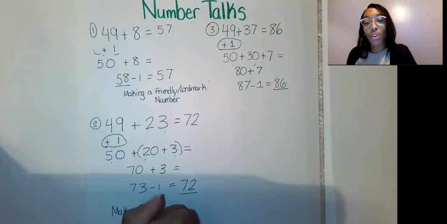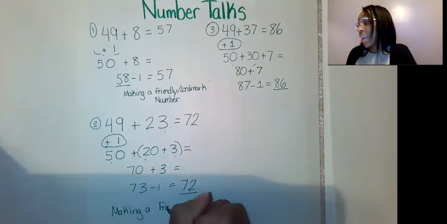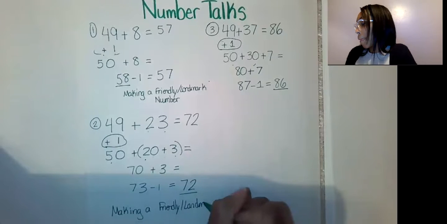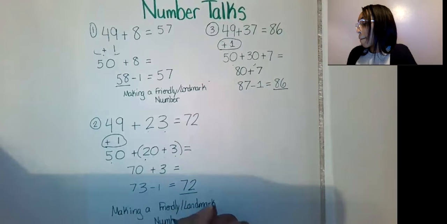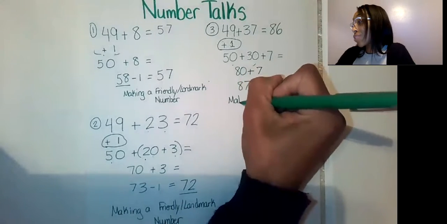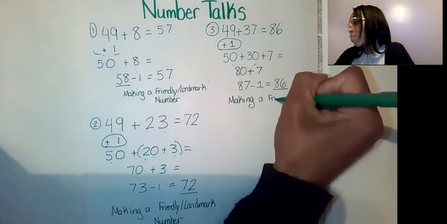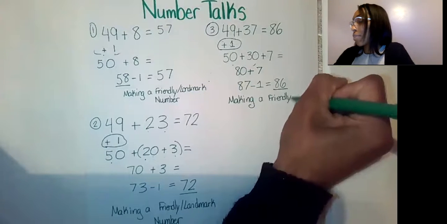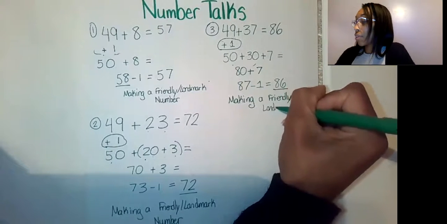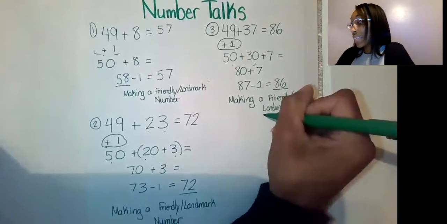Down here, I also made a friendly number or landmark number. Over here, same. I like that strategy. It's quick, it's easy. It gets me where I need to go. Making a friendly number or a landmark number. And I have to remember to always name my strategy so I make sure it makes sense.